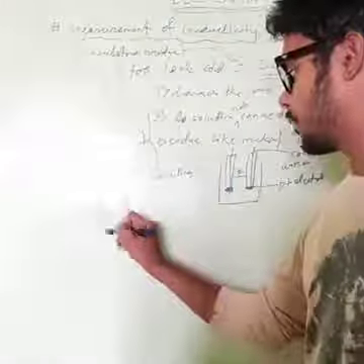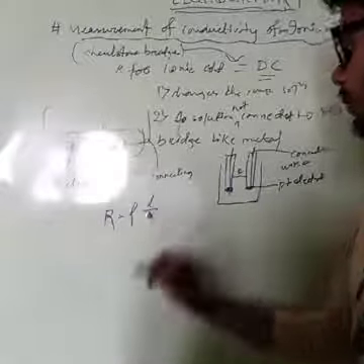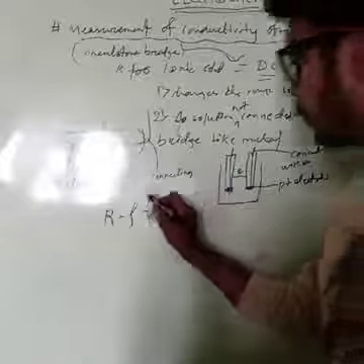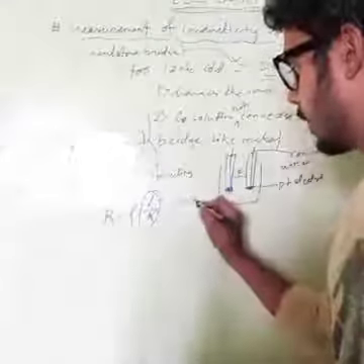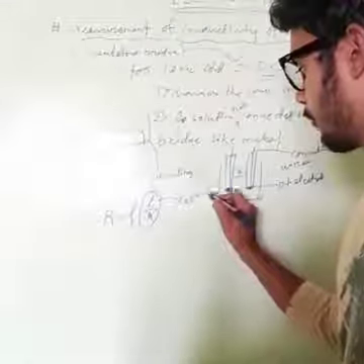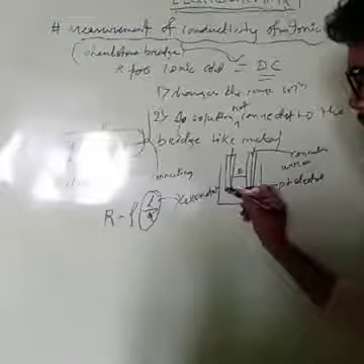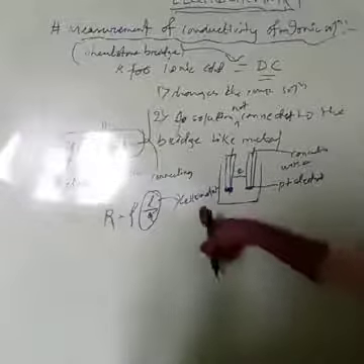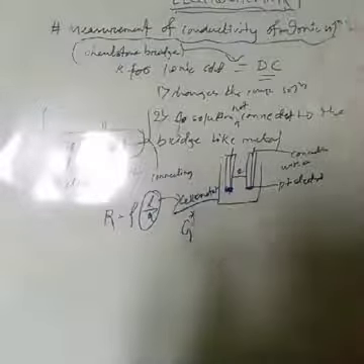So how? By using the formula R equals rho L by A. Rho is the resistivity, and L by A is the cell constant. L is the distance, A is the area of the electrode, and this is nothing but the cell constant, denoted as G star.